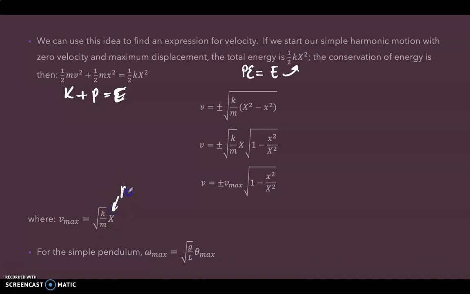Remember that x is our amplitude. And again, for the simple pendulum, just for the sake of knowing it, our omega max, remember omega is angular velocity, is going to be equal to the square root of g over L times theta max.